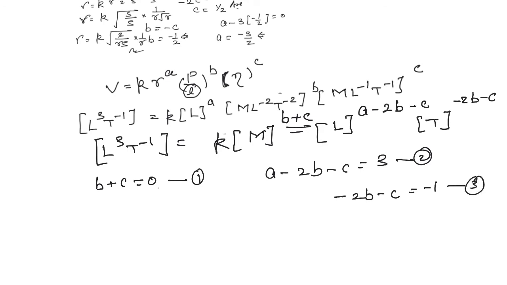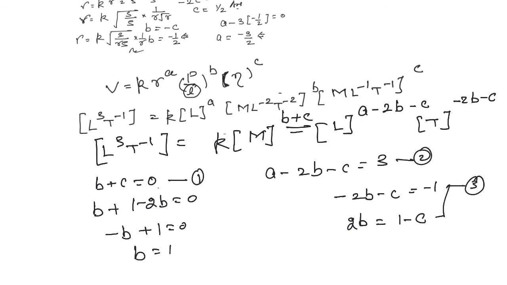Now we have to solve these three equations to find A, B and C. From here we can say 2B equals 1 minus C. If you put C value here, that is 2B plus 1 minus 2B equals 0, so it will be minus B, so B value will be 1.